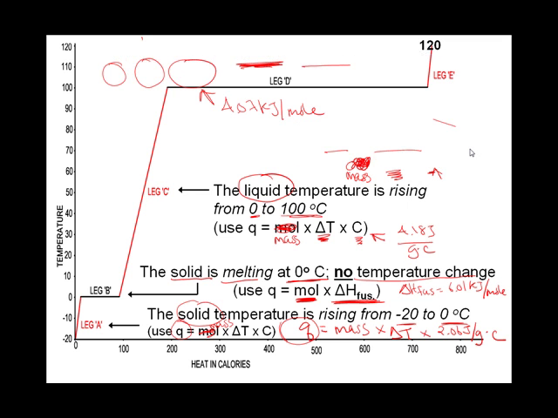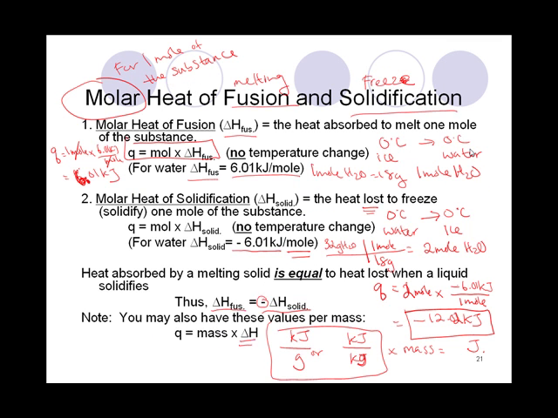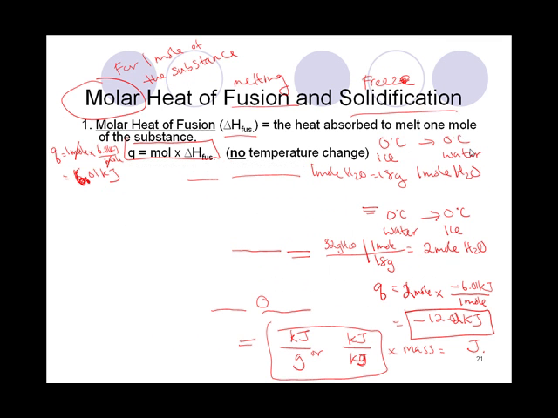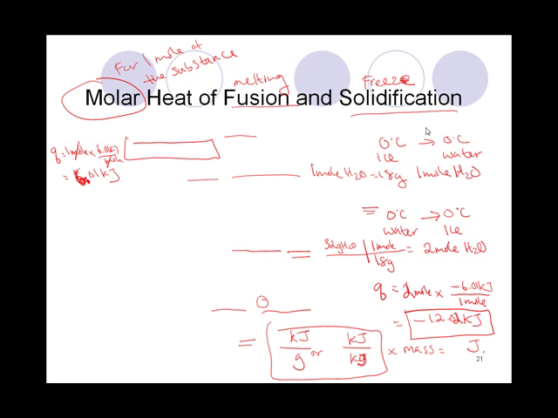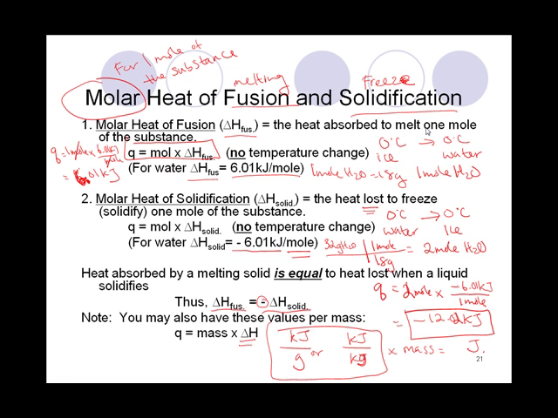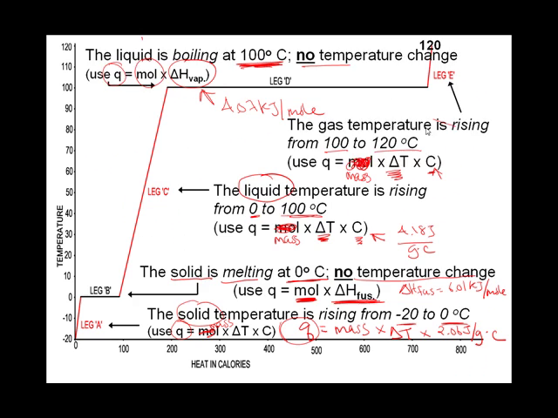And looking at this chart, the specific heat capacity of the gas is 1.87 joules per gram Celsius, and so the specific heat capacity of the gas here would be 1.87.